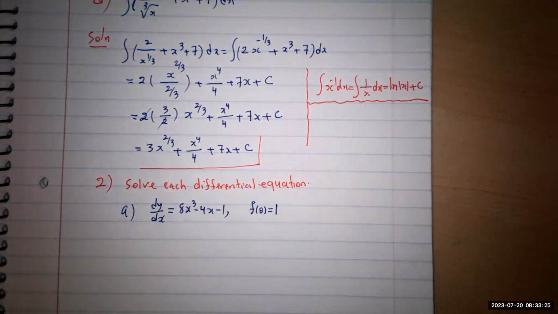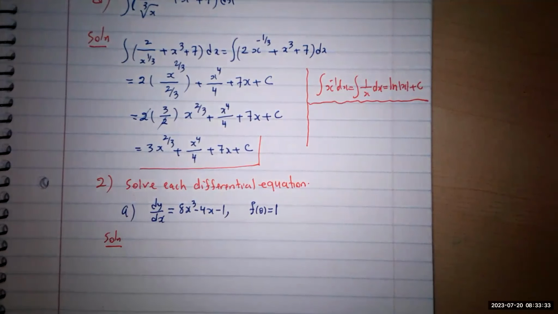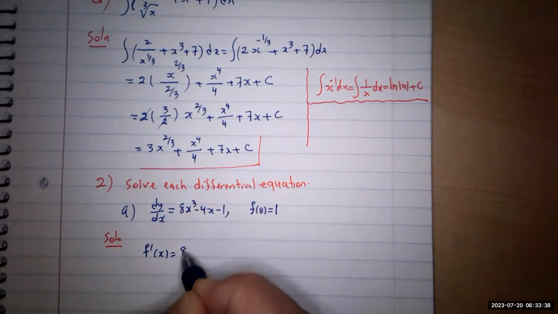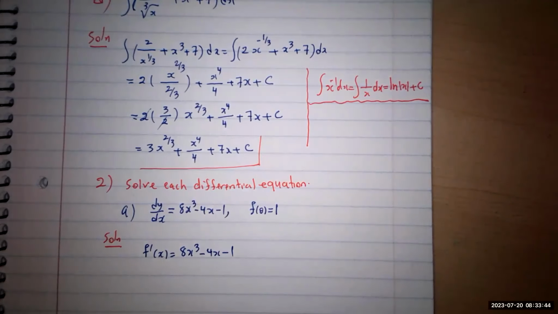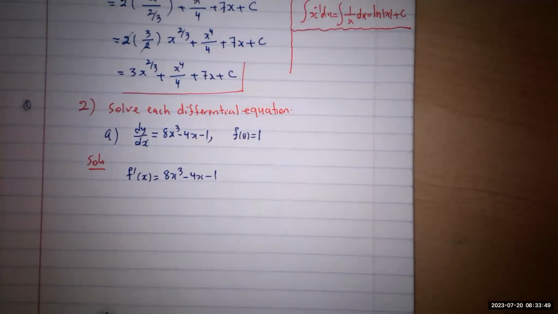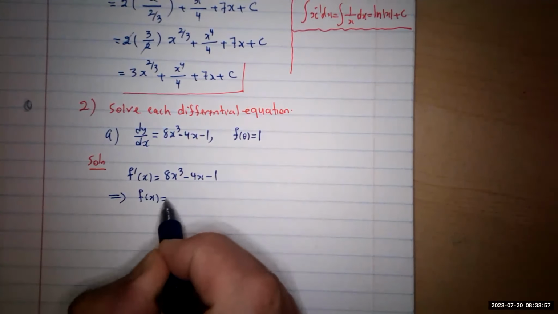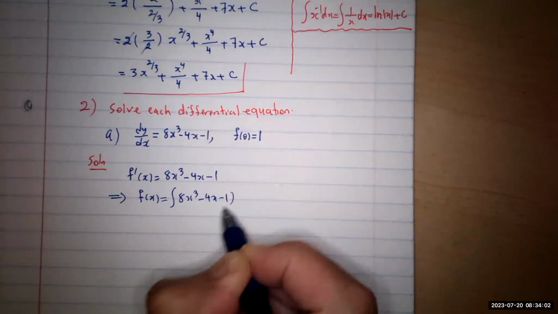This is the one that most of you did all right on the test. So we switch this notation first into f prime of x equals 8x cubed minus 4x minus 1. Now the derivative of the function is given to you, and to find the function, you need the antiderivative, or integration. So f of x is the integral of 8x cubed minus 4x minus 1 dx.